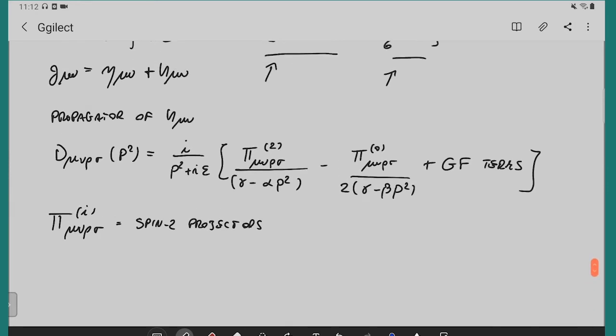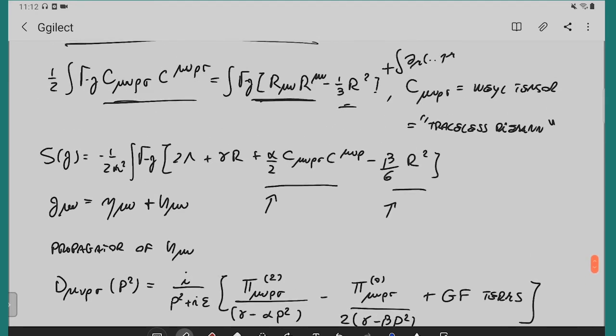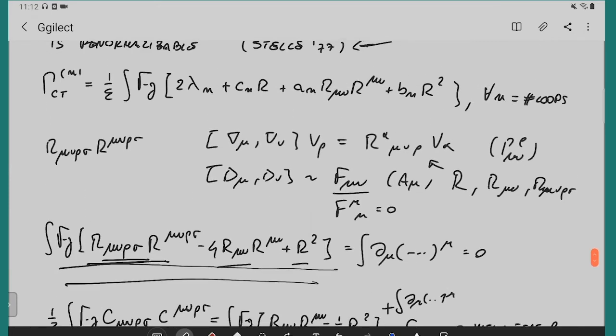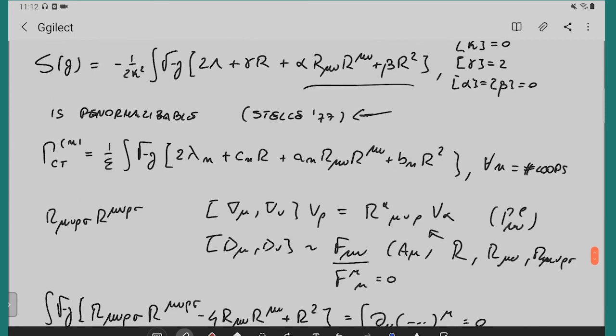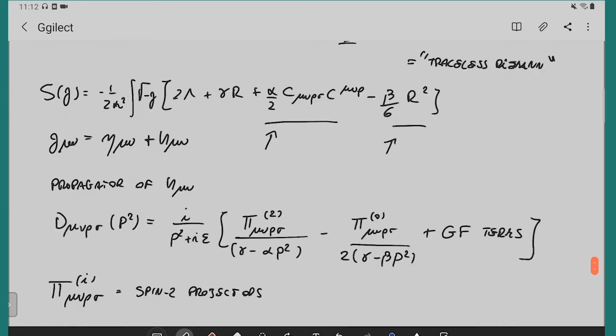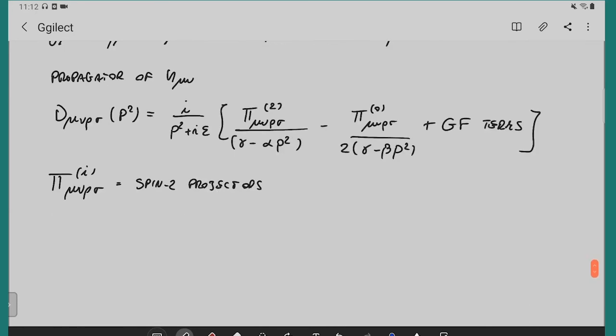But again, as I mentioned above, you have to prove carefully all the stuff that Stelle did in his paper. But anyway, you see that this propagator falls off as 1 over p to the fourth, so it's a higher derivative theory. You have many poles, but they are all separated with multiplicity 1. I mean, there is a massless pole, there is a massive pole, another massive pole.